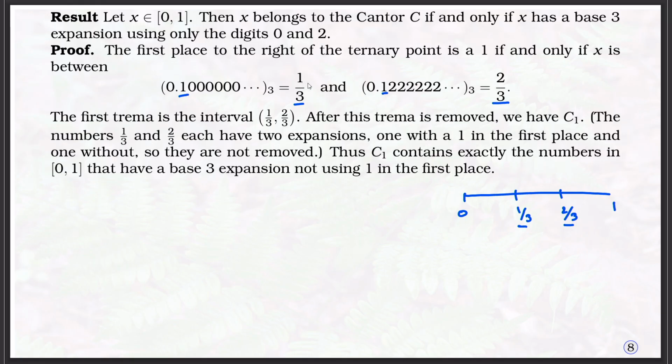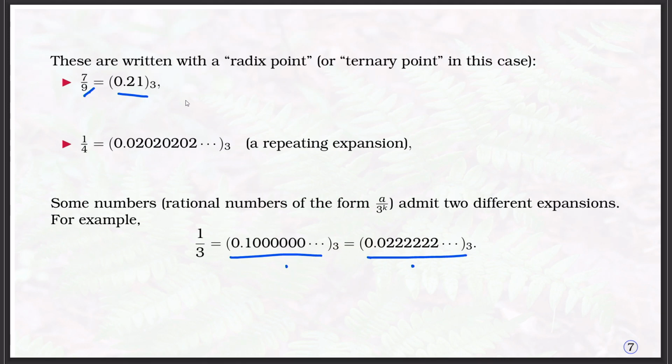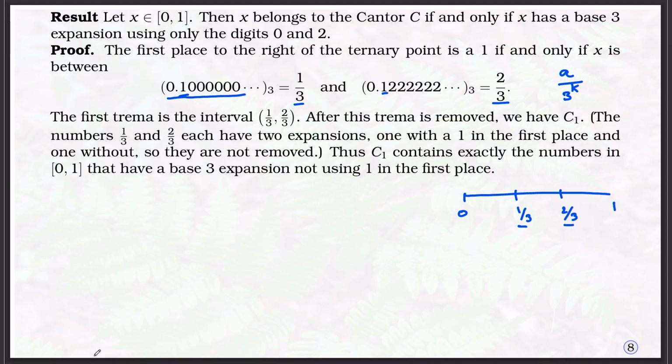whereas any number of the form a by 3 power k has two different representations. One is given here, and another we can find from the previous slide. You can see the number 1 by 3 has two different ternary expansions, one with the digit 1 and another without the digit 1. So, instead of this one can use that ternary representation.